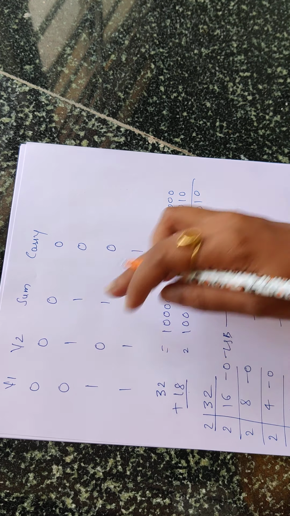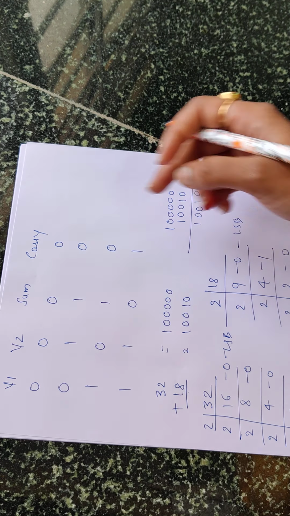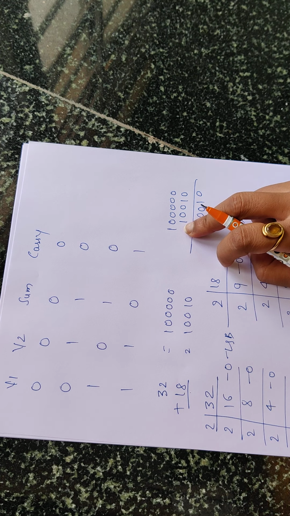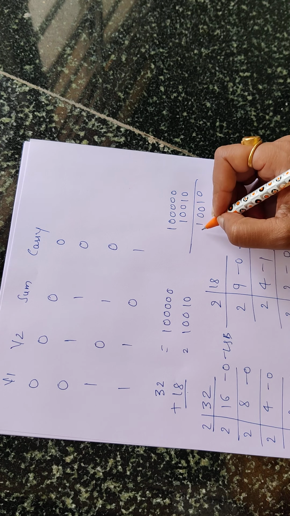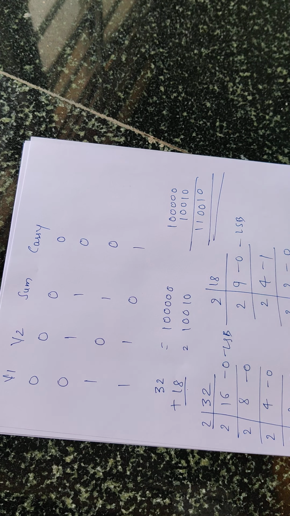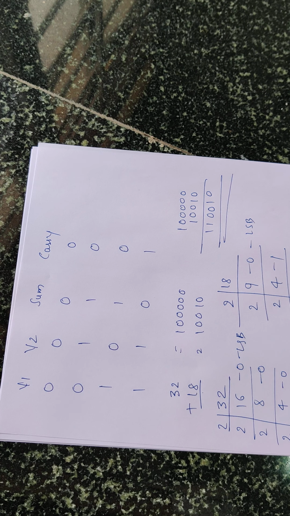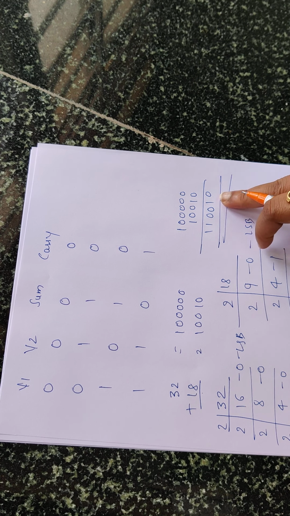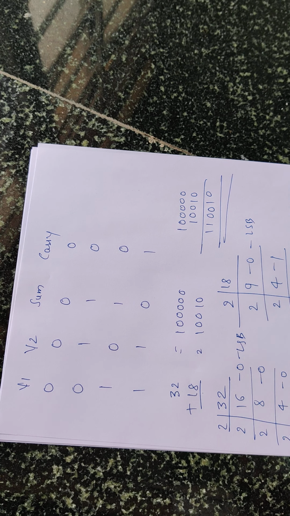Again 0 plus 1, sum is 1, carry is 0. Then 1, with nothing there, considered as 0, plus 0 is 1. So the equivalent addition value for 32 plus 18 is 1 1 0 0 1 0.